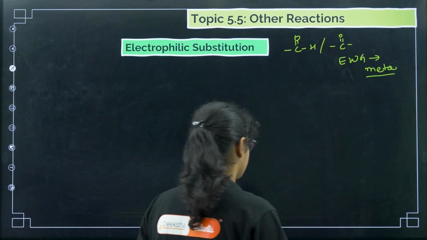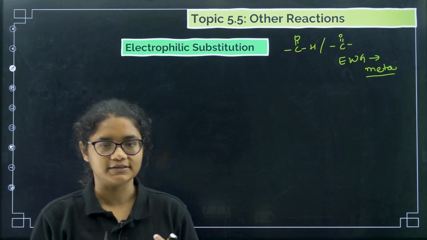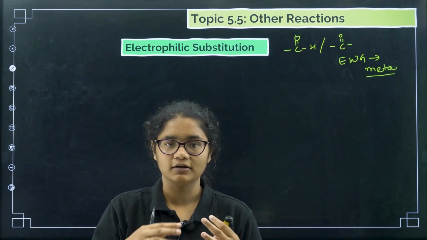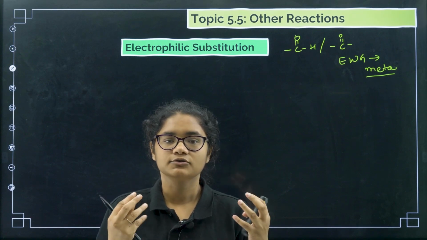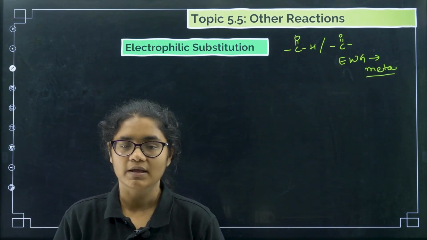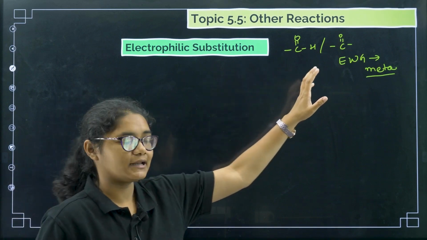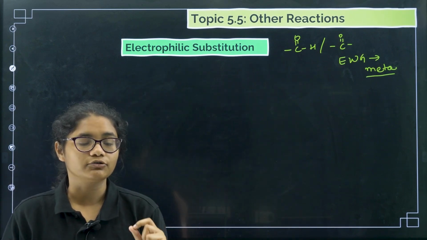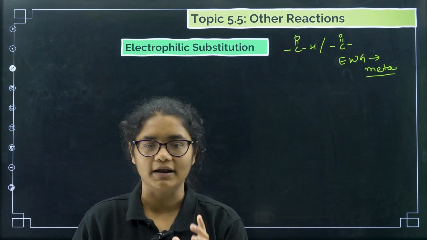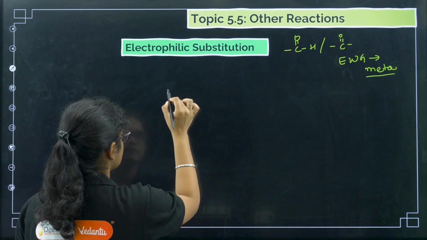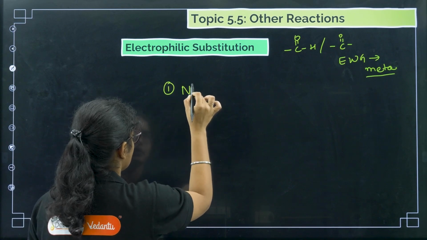Till now whatever we have studied, like reactions of alcohols and phenols, ethers, like aromatic ethers, these were your electron donating groups and they were ortho-para directing. But you have to remember, for benzaldehyde and acetophenone, these are your electron withdrawing groups and meta directing groups. Okay, so we'll see one simple reaction. The first one, nitration.